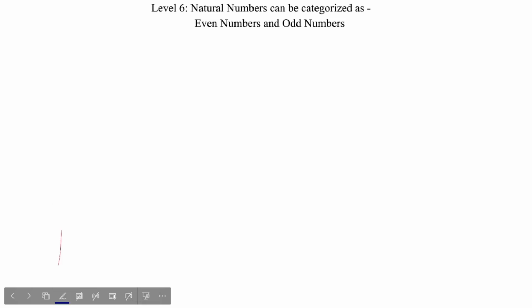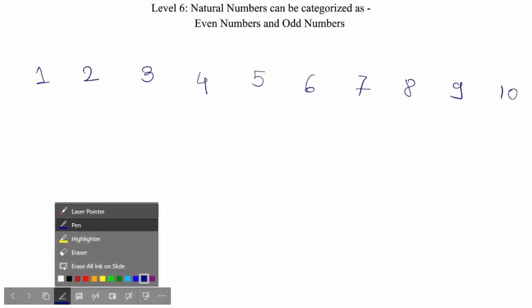So let's write it down. 1, 2, 3, 4, 5, 6, 7, 8, 9 and 10. Now observe the screen and these numbers carefully. Before going on to understand, just observe what I am going to denote.